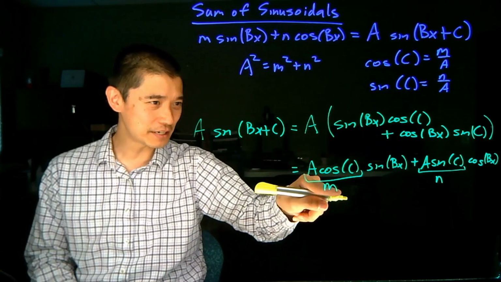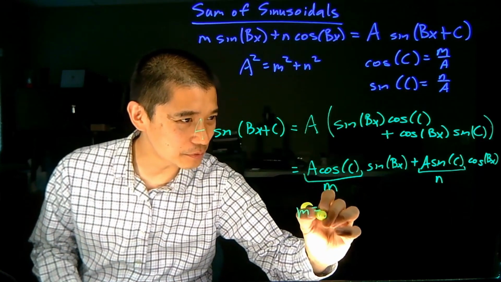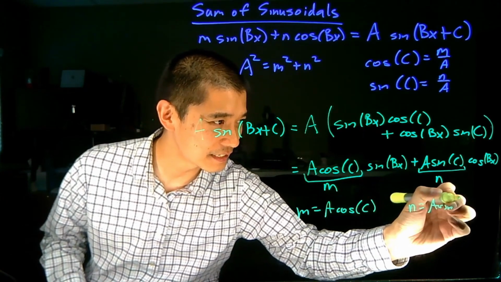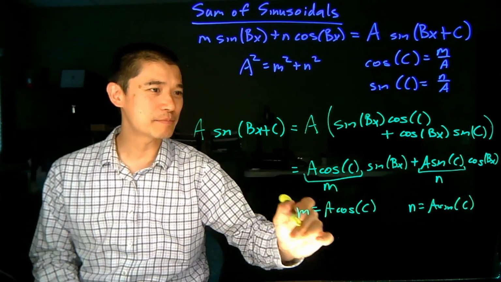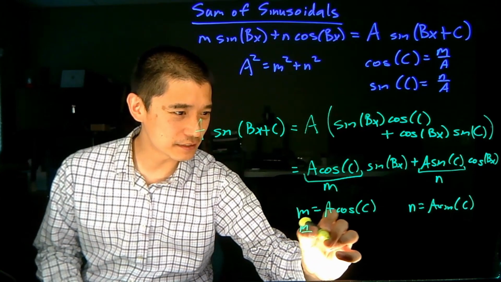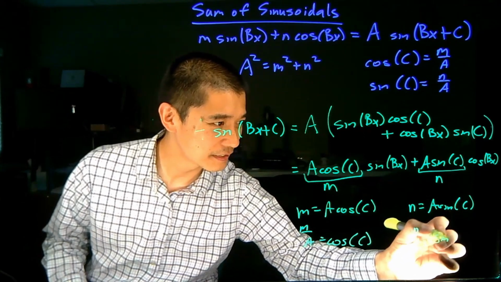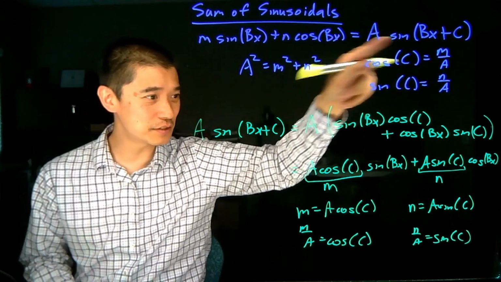And you can see right here, if m is equal to a cosine c and n is a sine c, then by dividing both sides by a, m over a is cosine c, and n over a is sine c. That's a derivation of these two values.